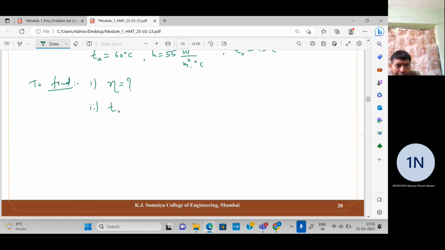The temperature at the edge of the fin means temperature at the tip of the fin, that means temperature at x equal to L. Since we have to find the temperature at the edge of the fin, x will be equal to L. This we have to determine. And third one is the heat dissipation. This we have to find.